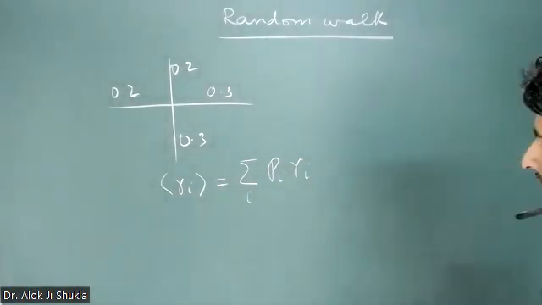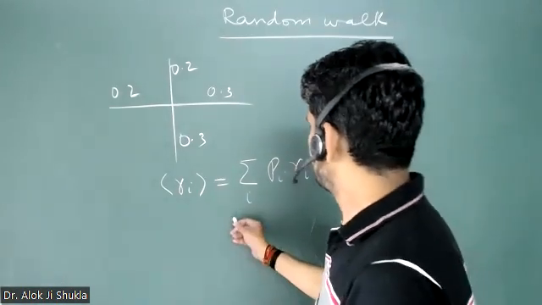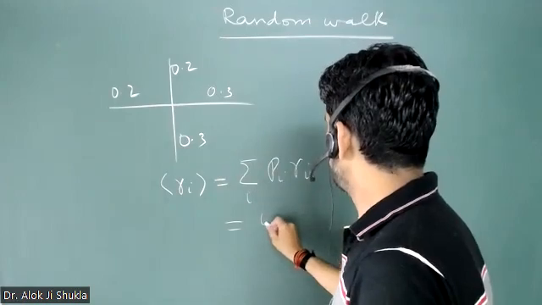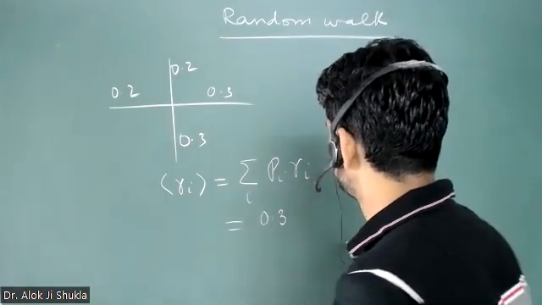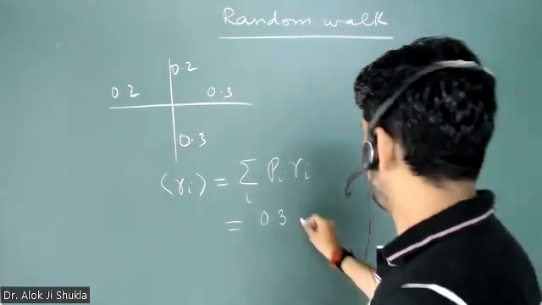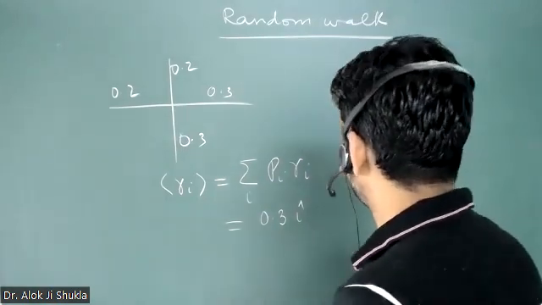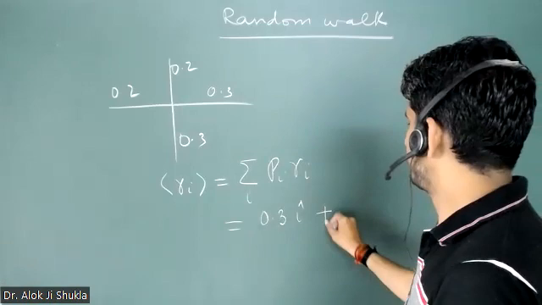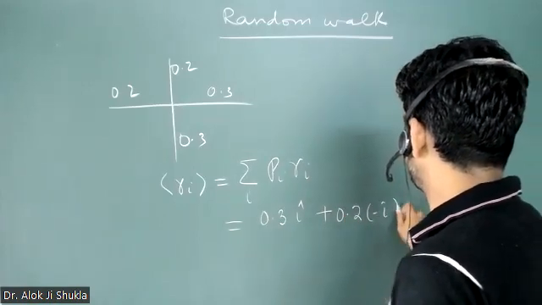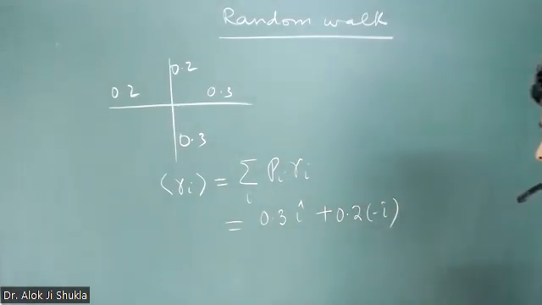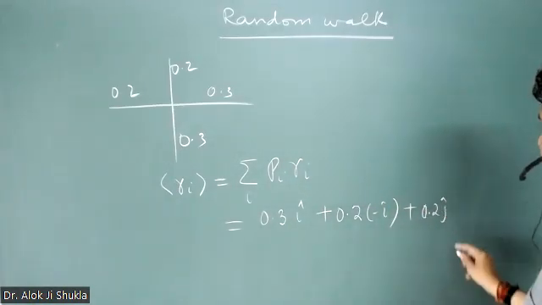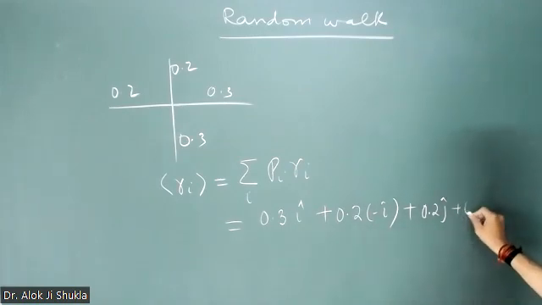Yes. So this will become, p i is what? 0.3 i cap plus 0.2 minus i cap, plus 0.2 j cap plus 0.3 minus j cap.